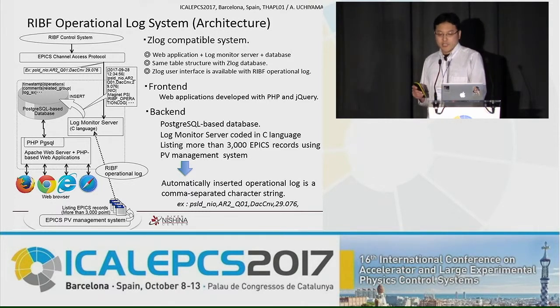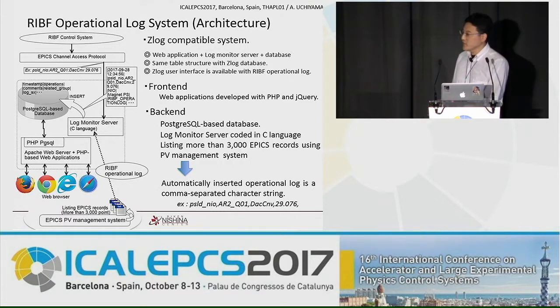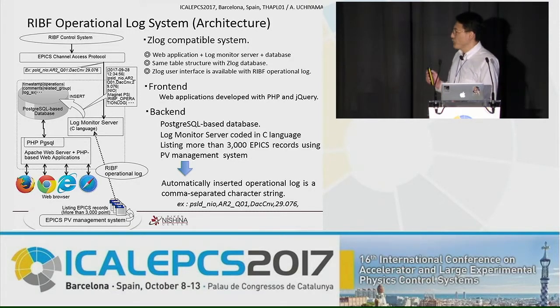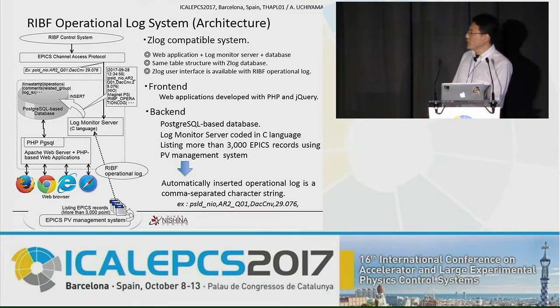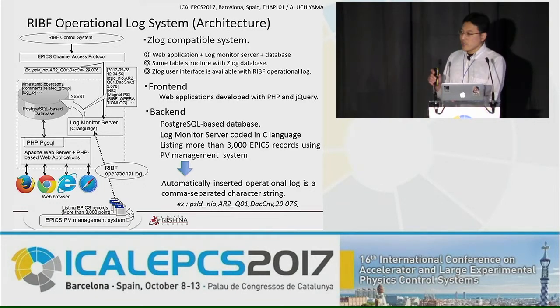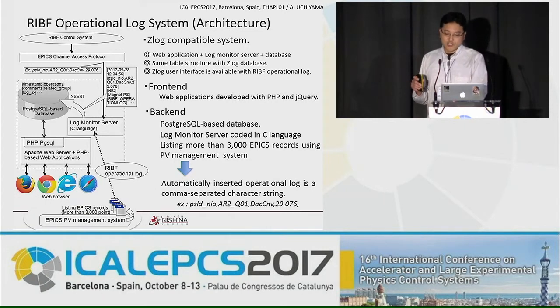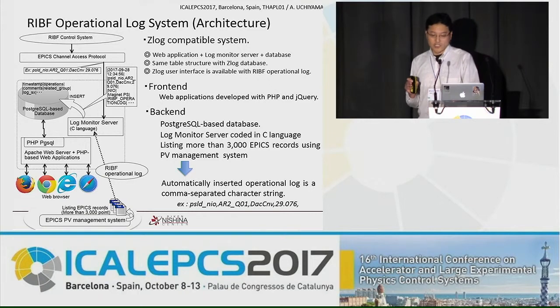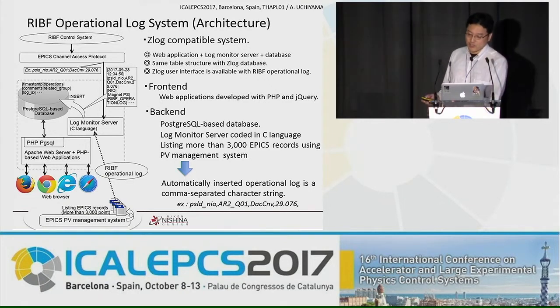In backend, Postgres-based database and log monitor server, coded in C language, are implemented. Additionally, we use EPICS PV management system in order to make the list for 3,000 EPICS records. In this system, automatically inserted operational log is a comma separated character string.